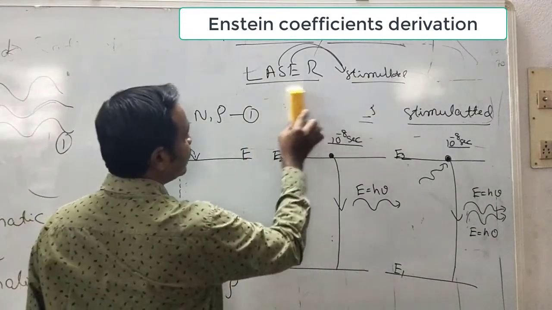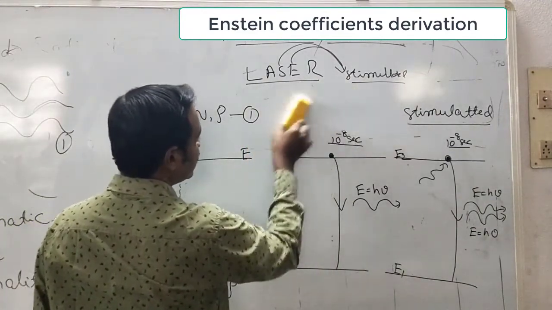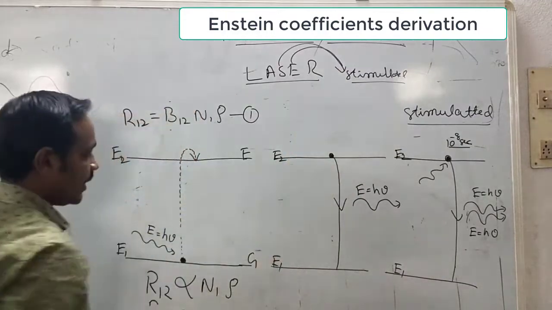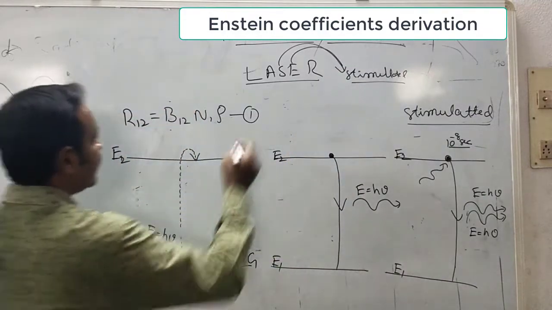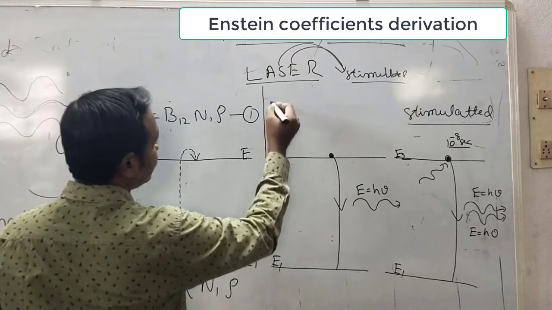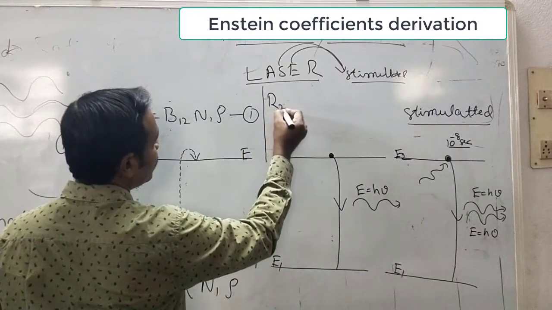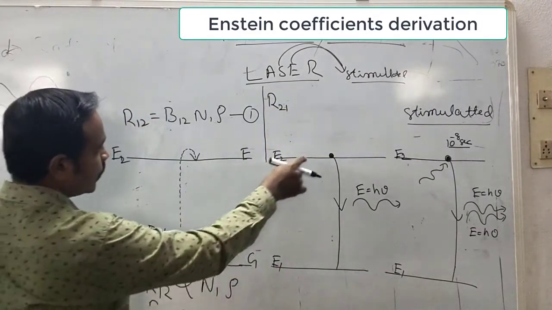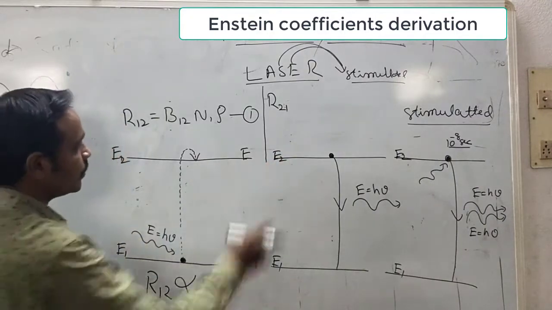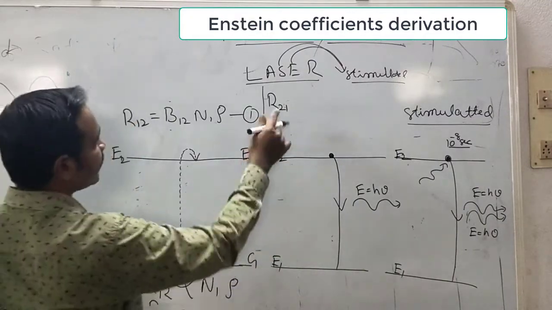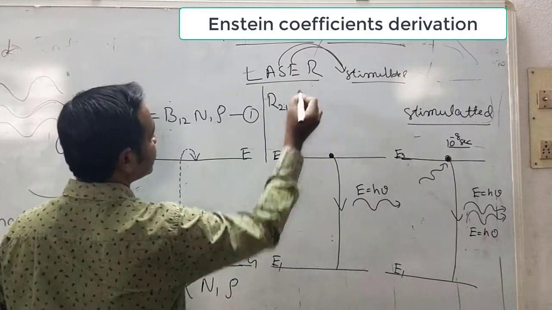Can I go for the spontaneous emission? This is spontaneous emission. For that I will take out the rate of emission R21. Why? Because the electron comes from the second energy level to the first energy level. It depends on what factors?